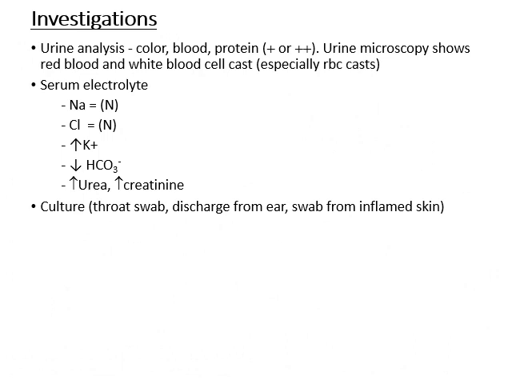So investigations: for all renal pathologies you must do a kidney function test, and a basic kidney function test is electrolytes, urea, and what? Creatinine. Then urinalysis can give us some hints, including blood or protein, culture, white blood cell casts, and red blood cell casts, and then a throat swab to find out if there's any ongoing streptococcal antigen. We can also do anti-streptolysin O or anti-DNase.